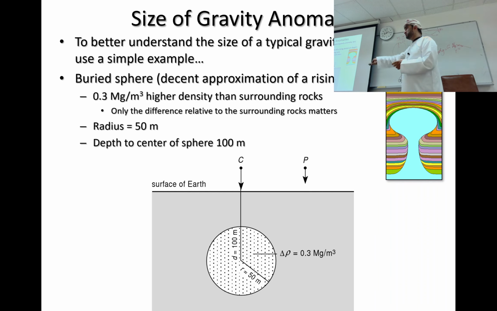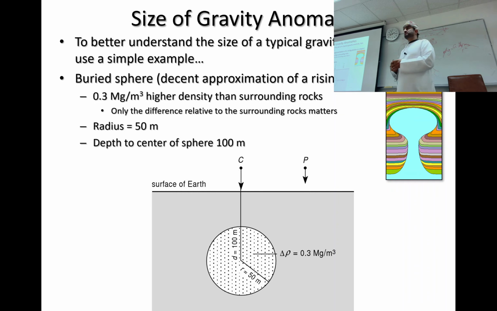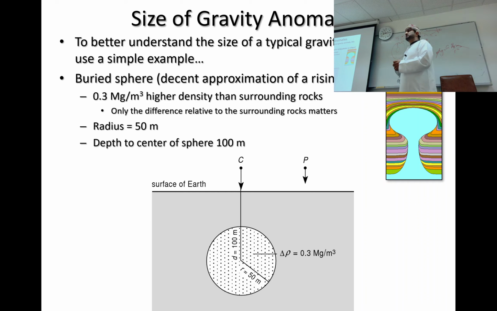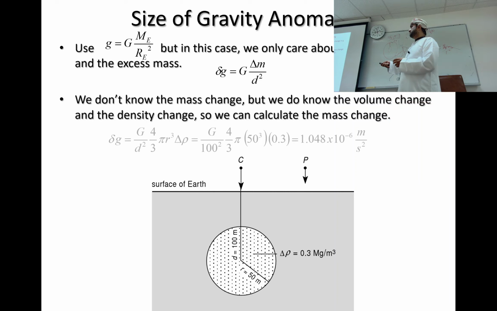This target body, not the whole of the earth. Mass of this body. I don't know the mass, and the gravity value is not measuring the mass, it's measuring density variation. And how can I tell the mass? By the volume. I need to know what's the volume of the body.